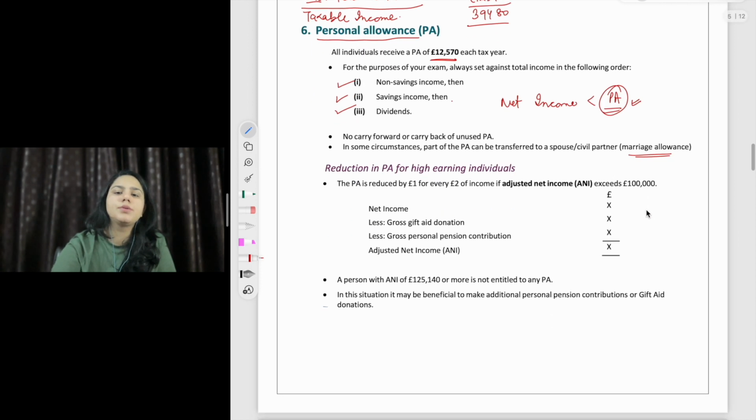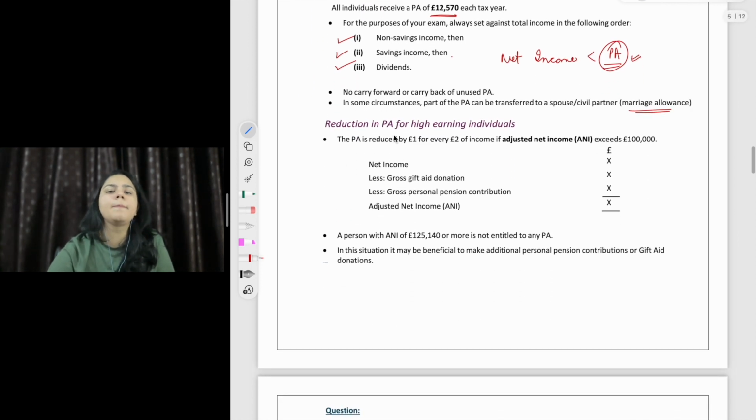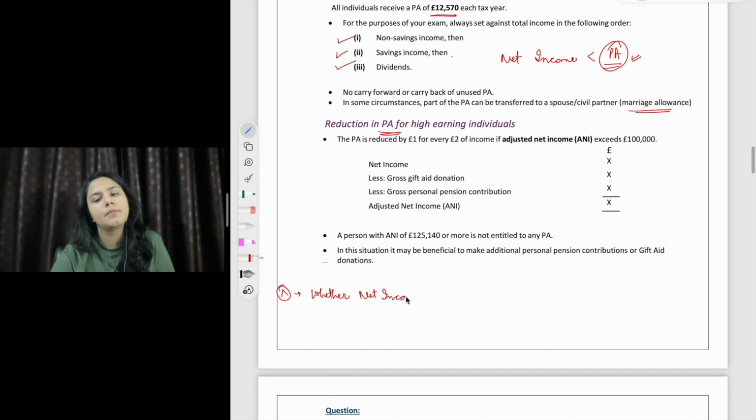But before that, as I told you, personal allowance can be reduced in certain situations. The first step is to look at whether your net income is greater than 100,000 pounds or not.